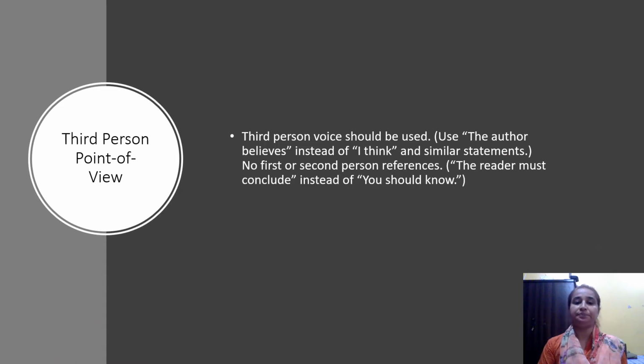Third person. Third person voice should be used, such as the author believes instead of I think and similar statements. No first or second person references. The reader must conclude instead of you should know.